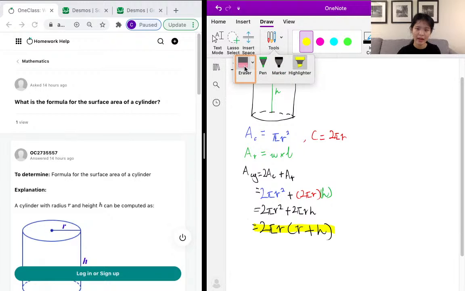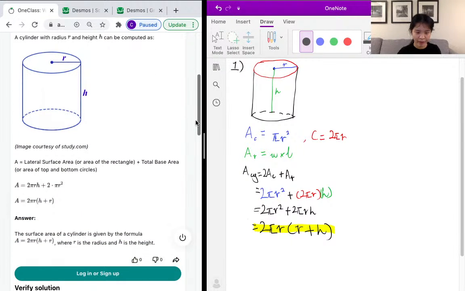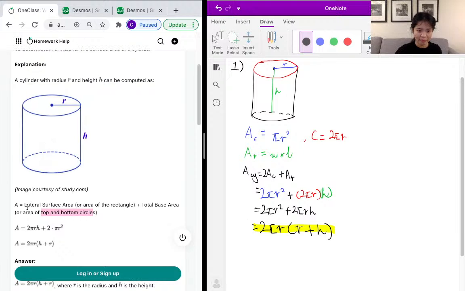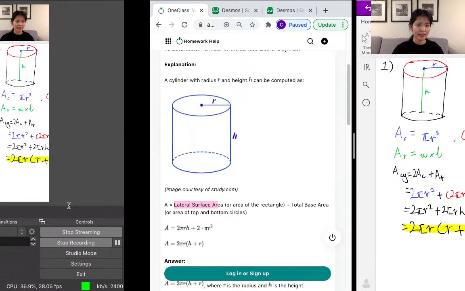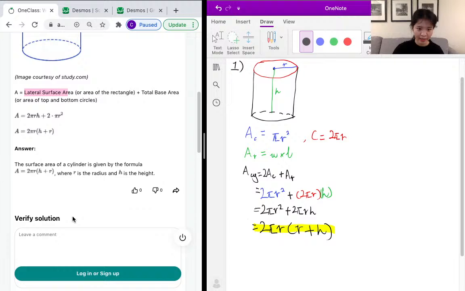Perfect. All right, now let's look at our sample solution over here on our left-hand side. Yes, they also derived the surface area, except they didn't give much of an explanation for the lateral surface area of the rectangle, or at least they didn't give as much explanation as we did, but that is completely fine.